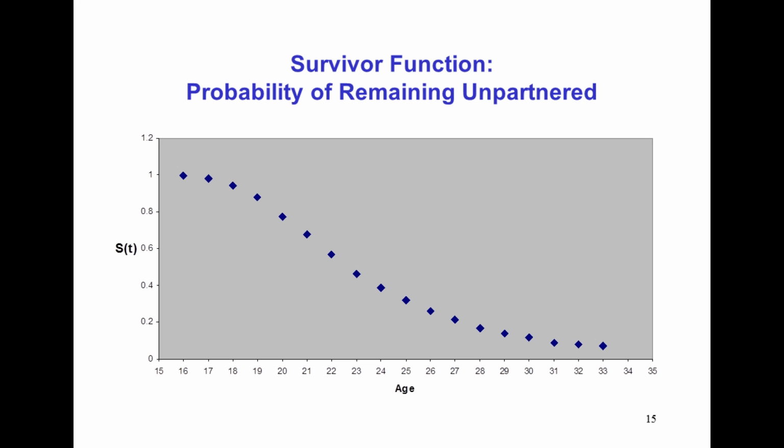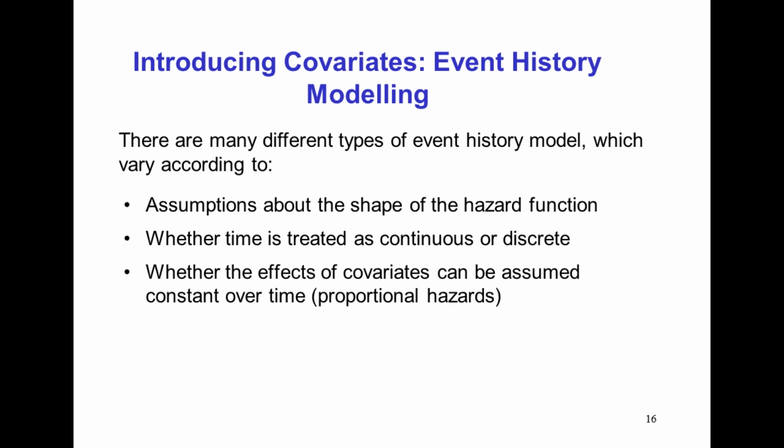All right. Now I'm running out of time, so I would just like to talk about one sort of modelling approach now. There are many ways of fitting models to event history data, and they depend on a number of things.